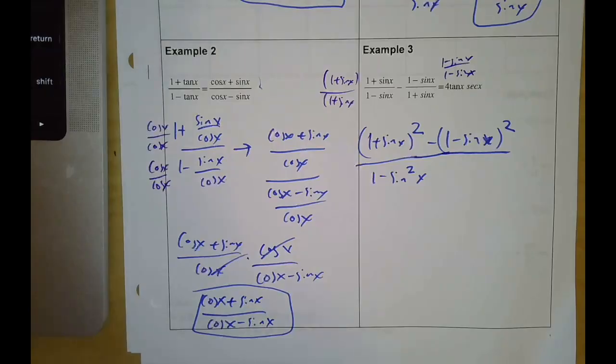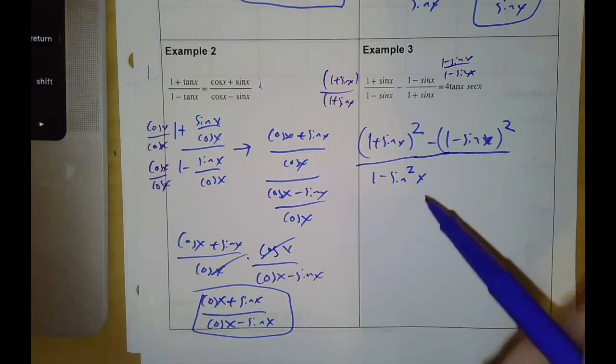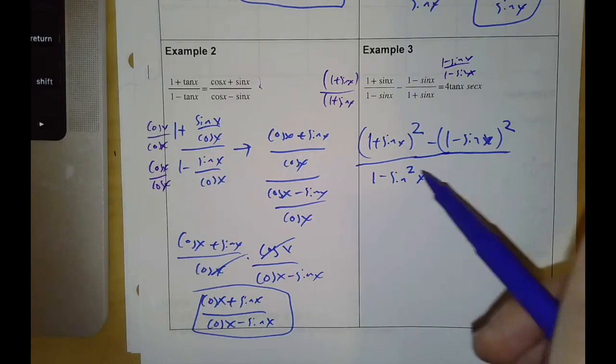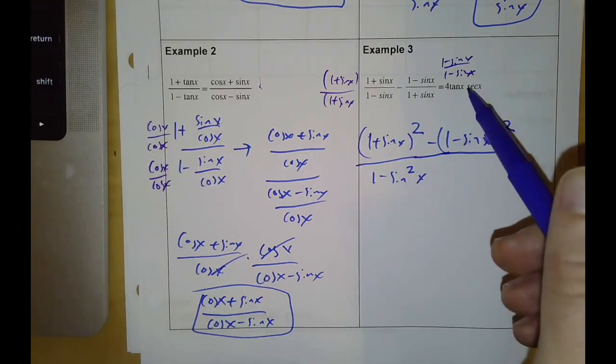Okay. Well, 1 minus sine squared x, I know that's cosine squared x. So that's going to get me somewhere here. But up here, we got this 4.